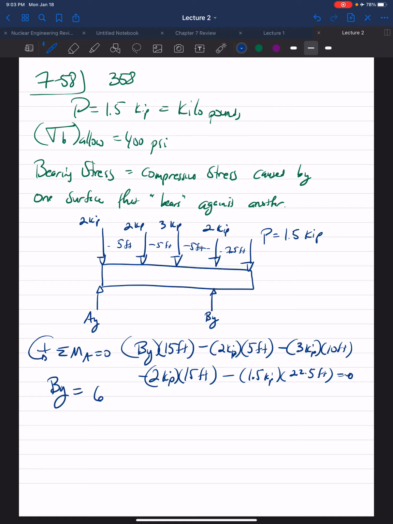Your BY is 6.91 kip. Sum of forces in the Y direction equals 0. Equation of equilibrium: you have your AY plus your BY, 6.91 kip, minus your 2 kip, minus your 2 kip, minus your 3 kip, minus your 2 kip, minus your 1.5 kip, equals 0.